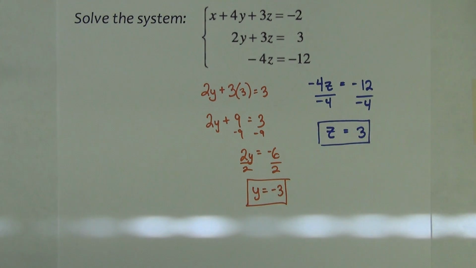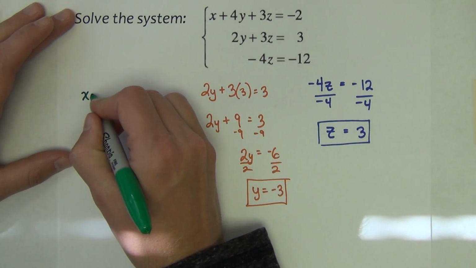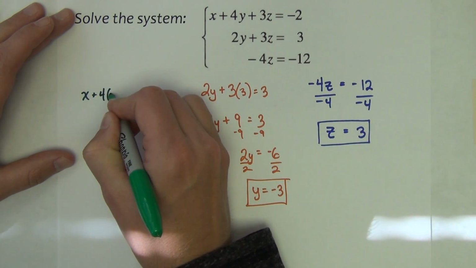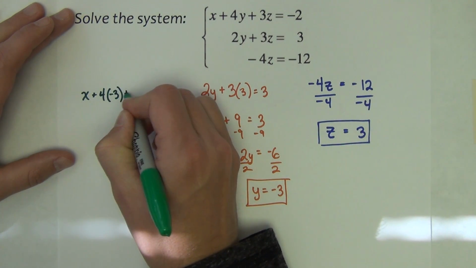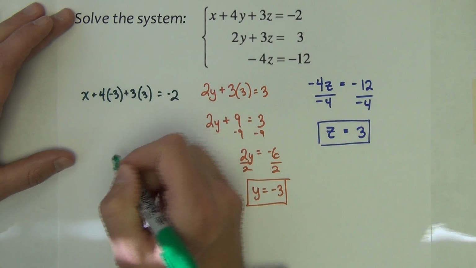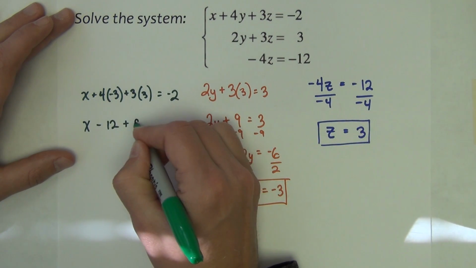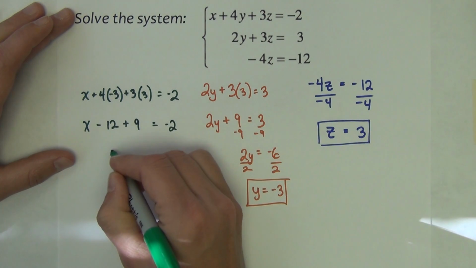We need the third. The top equation has got all 3 variables in it. We can put in the values for the 2 variables that we know. So the top equation is x plus 4y, and y is negative 3, plus 3z, and z is 3, and that equals negative 2. So we have x minus 12 plus 9 equals negative 2.